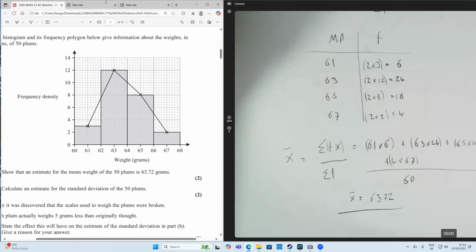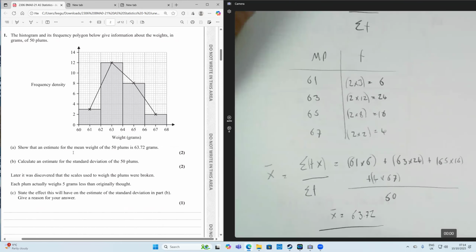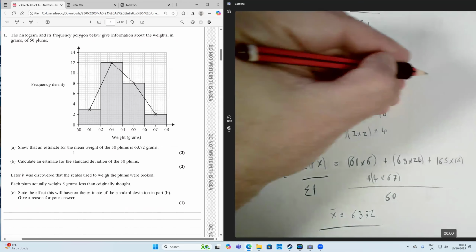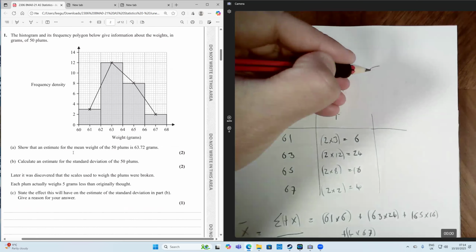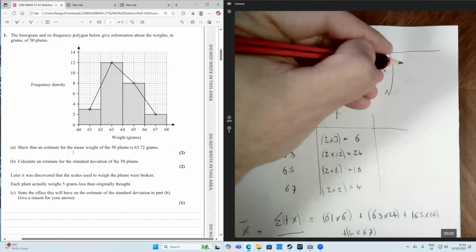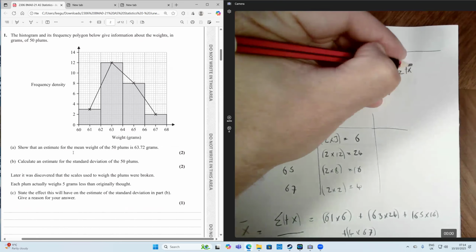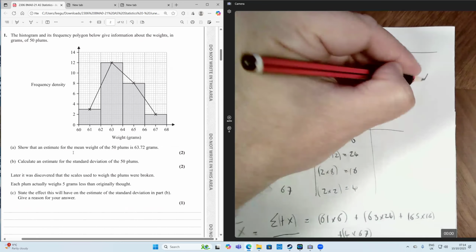Let's see what's next. Part B. Now, calculate an estimate for the standard deviation of the plums. Let's go back to our table, because in order to find our standard deviation, the standard deviation is equal to the square root of sigma fx squared over sigma f minus x bar squared.